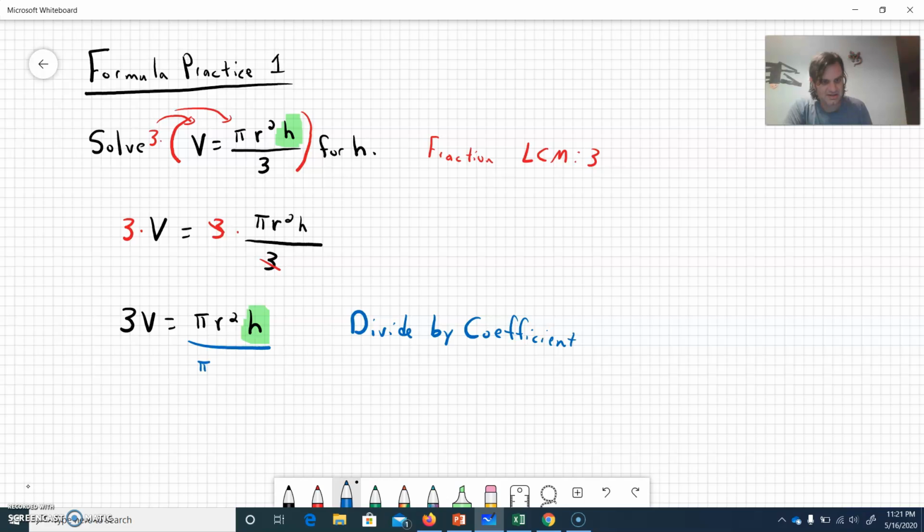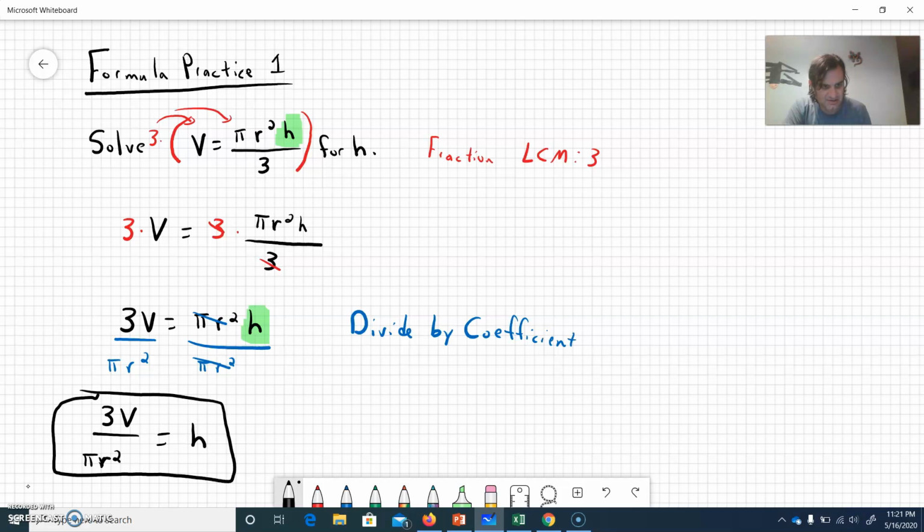So pi r squared, and we got to divide both sides by this, and it cancels out on the right hand side. So in the end, on the left hand side, we have 3v over pi r squared, and that'll be equal to h, and that will be our solution.